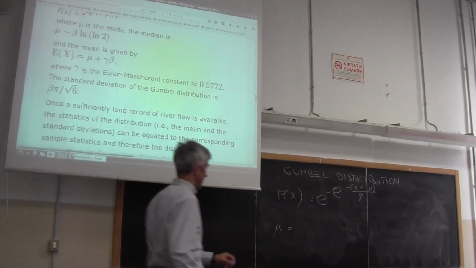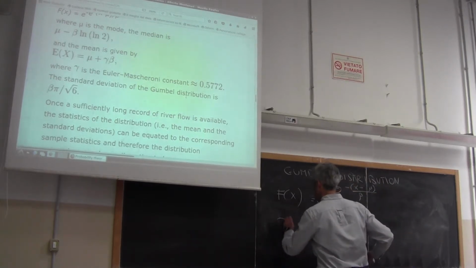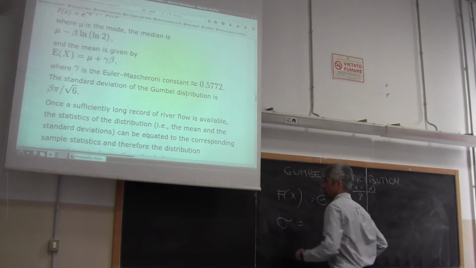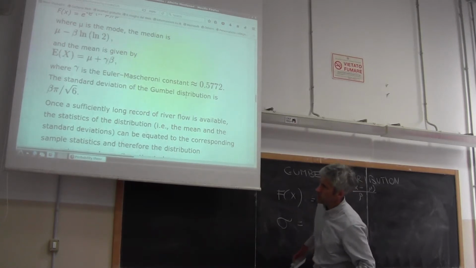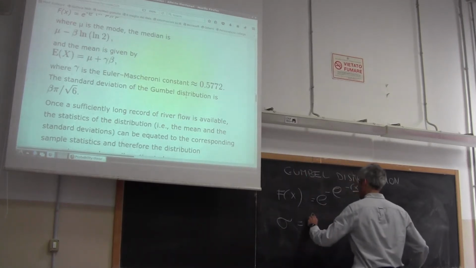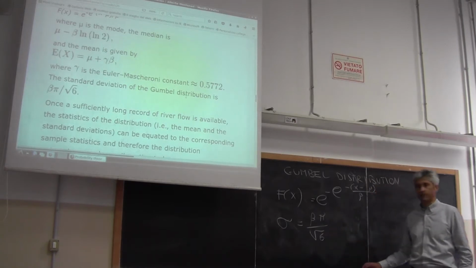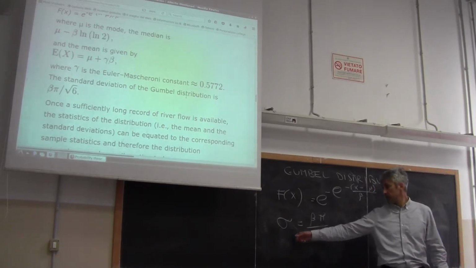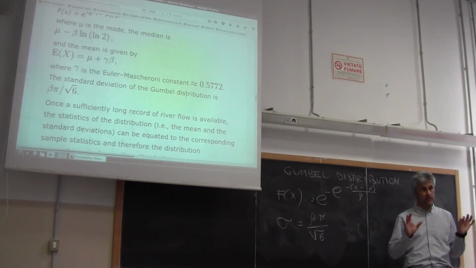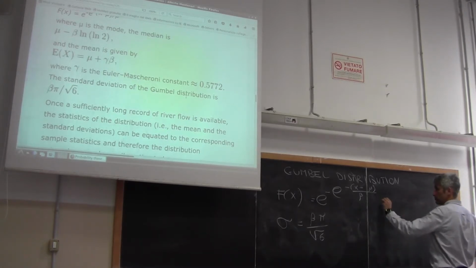So let me write on the blackboard now. Sigma, let's indicate it with the standard deviation, is given by beta pi divided by square root of 6. So, what is the standard deviation? I think you already know what that is, but it's the statistics of the data. And basically, you know how to compute it.